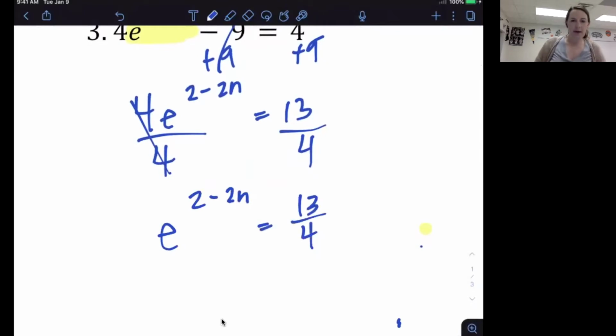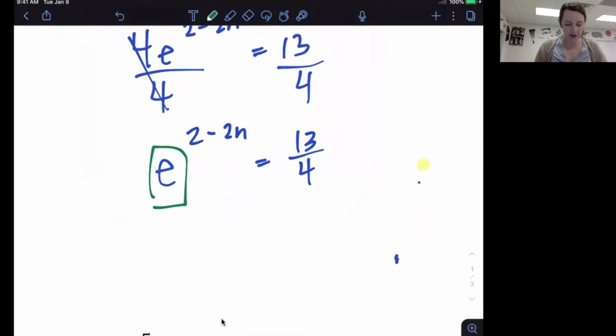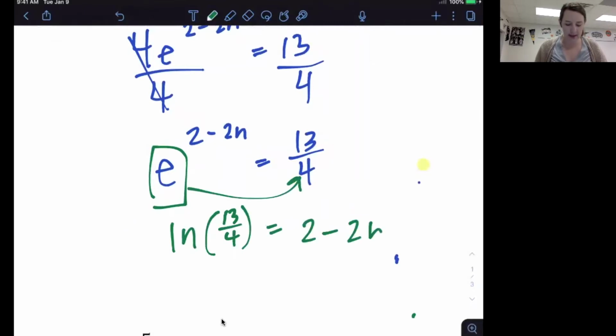So now that I have my exponential term isolated, I'm going to go ahead and change it into logarithmic form. With a base of e, that means we're using our natural log. So we have natural log of 13 fourths, because we come across, equals 2 minus 2n.